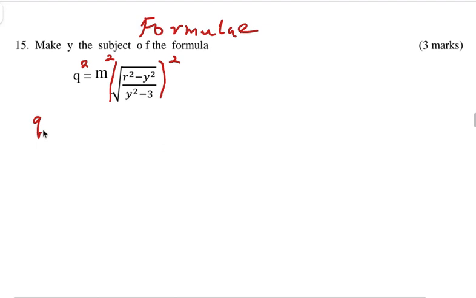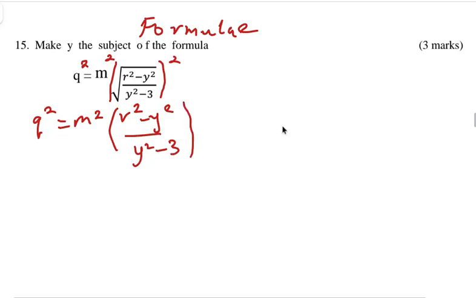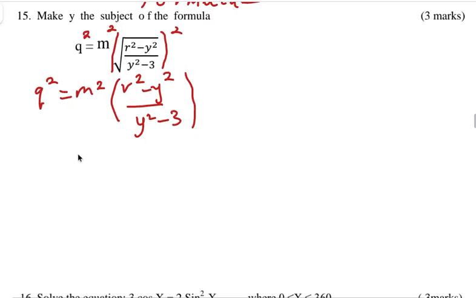So nikisquare hii, hapa pia nita square, hapa pia nita square. So in short itakupa something like q squared equal to m squared, and you have something like r squared minus y squared divided by y squared minus 3. So hivi. So q squared equal to m squared into bracket r squared minus y squared over y squared minus 3.